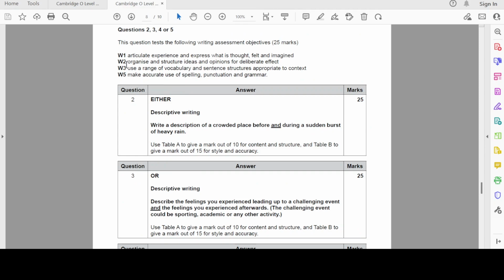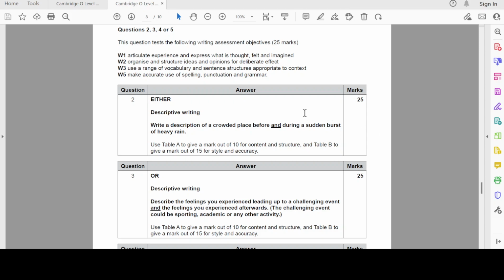Now, the assessment objectives, right? So this is the marking scheme. The assessment objectives are W1, 2, 3, and 5. Okay. Articulate experience and express what is thought, felt, and imagined. So obviously you're going to be writing either a narrative or a descriptive.